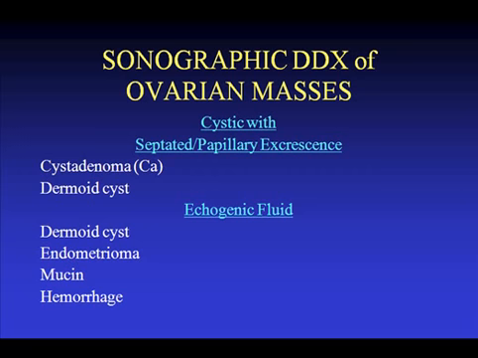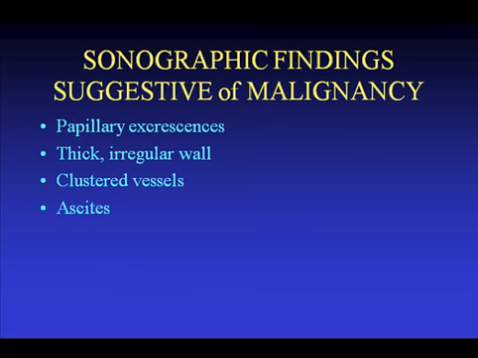Now, the variation of cystic masses that we need to be concerned about are shown here. Ones with septations or papillary excrescences. These are typically epithelial tumors, dermoids, and we need to keep in the back of our mind that there's a variety of masses that have echogenic fluid in them, and that's dermoids, endometrioma, sometimes in mucinous tumors, and in patients with hemorrhage.